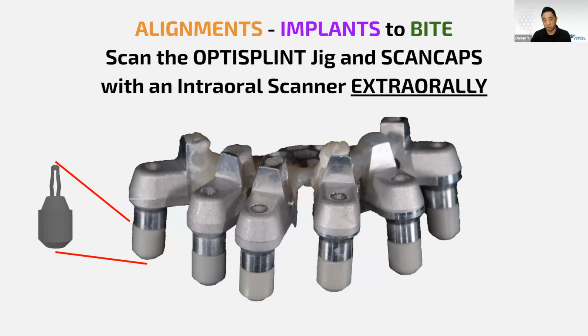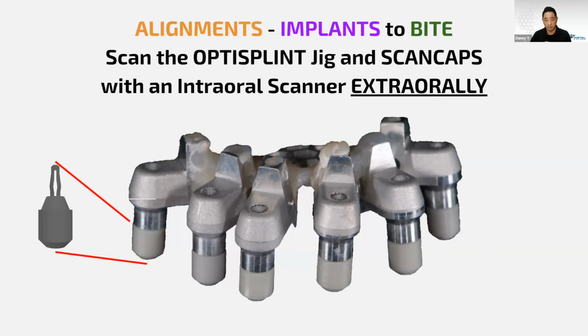Now, in order to capture the actual dental implant record officially, we would highly recommend scanning it with a desktop scanner, either in the lab or if the clinician happens to have a desktop scanner, and scanning it also with these scan caps in that desktop scanner. You could stand it up and put it in a way that would allow your scanner to capture both the top and the bottom at the same time, or you can just capture them separately and then align them together in your software.